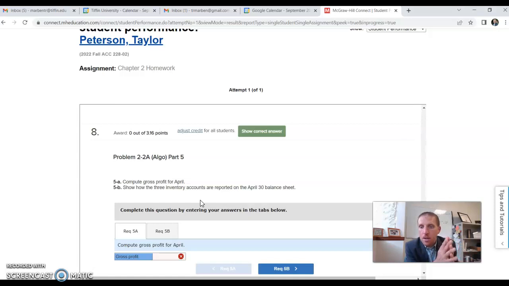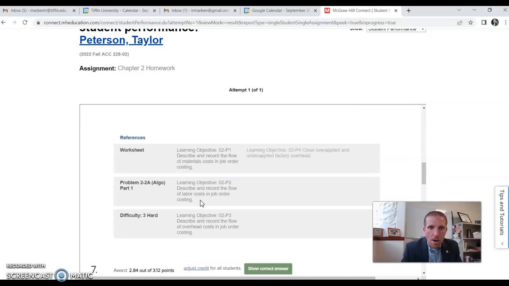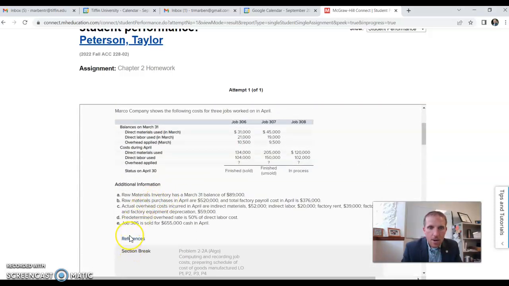I don't know if you have notes on that, but what we worked through in class was the overhead that got applied versus the actual overhead. So what we need to do then is look at the problem here that you have. It should tell us back here the actual overhead costs incurred in April were these things.